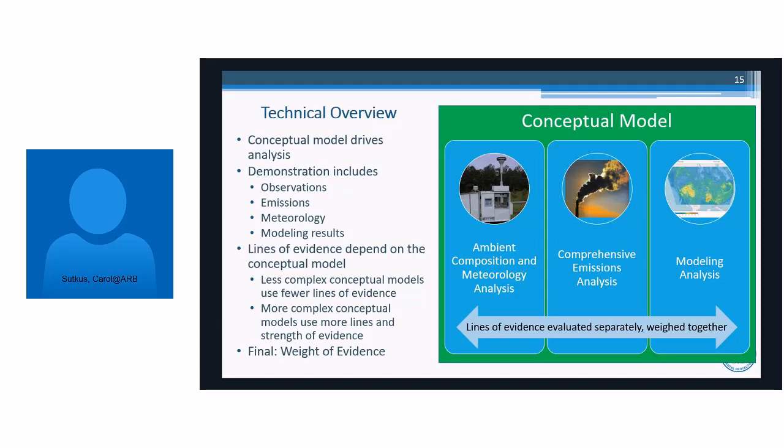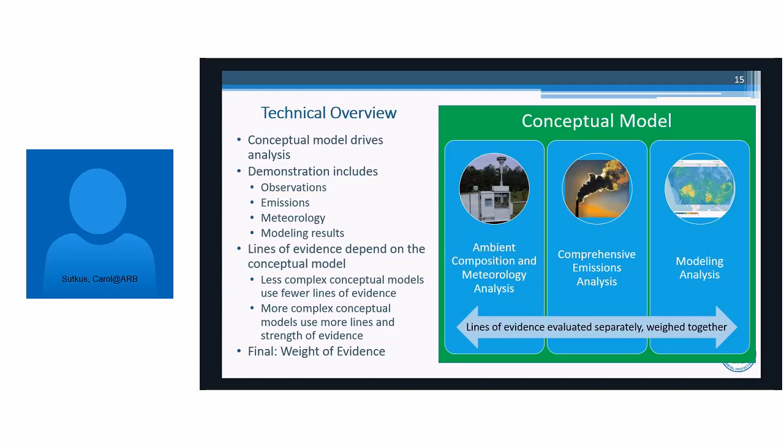So then the lines of evidence that are included within a demonstration include observational, and that would be ambient composition and meteorological analysis, comprehensive emission analysis, meteorological analysis, which really falls within the ambient side, and then modeling analyses or modeling results.